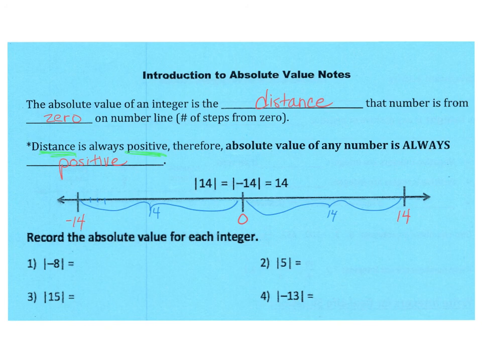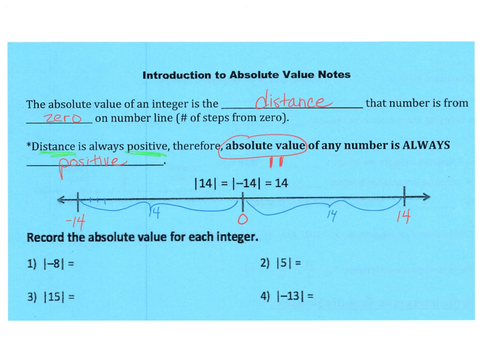So this notation up here is telling me exactly that. These up and down lines mean absolute value. So I'm going to just put a little note up here. Absolute value, we show it with those two up and down lines. Think of them kind of like goalposts.